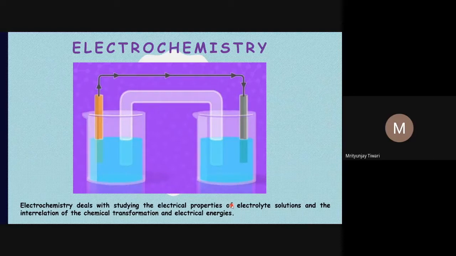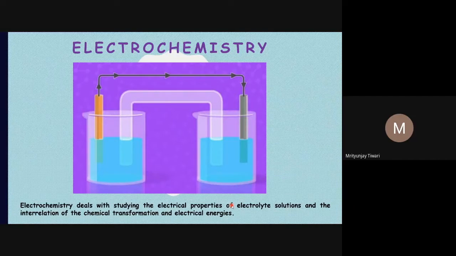Now the thing is, how is the energy released from the spontaneous chemical transformation converted into electricity? The chemical transformations that we are focusing on in this chapter are redox processes, and redox means reduction plus oxidation.